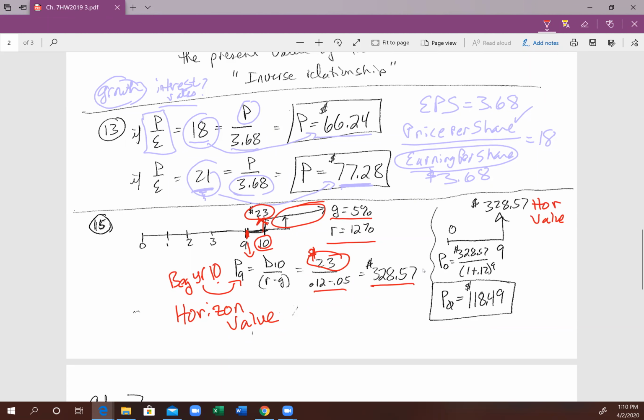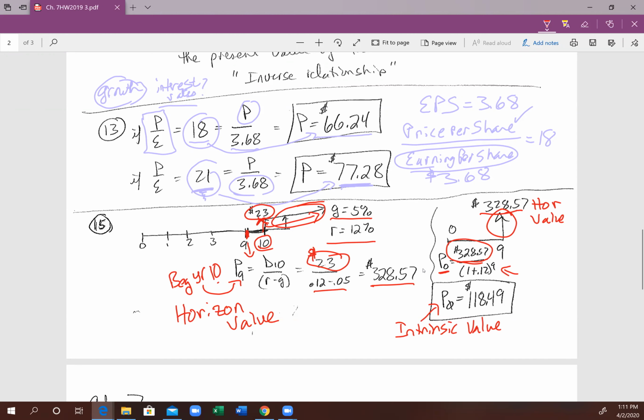But the question asks for the intrinsic value. Since we know what this stock will be worth 9 years from now, based on our estimates of the dividends from year 10 forward, we found P9, our horizon value. And if we want to find P0, we need to take this cash flow in year 9 and bring it back to year 0 by discounting it at 12%, the required rate of return, for 9 years.